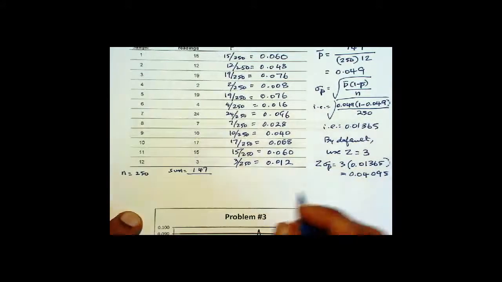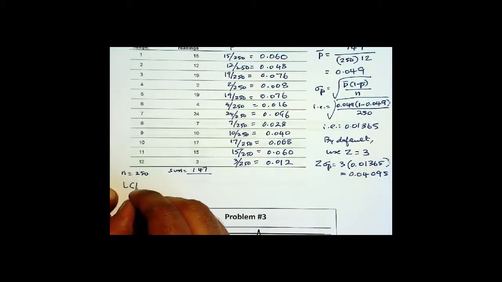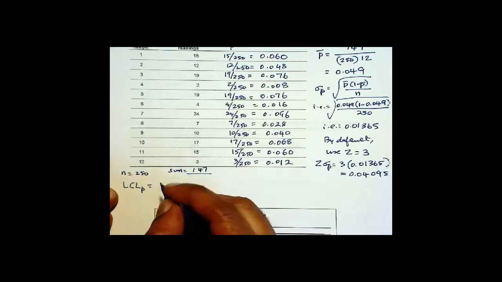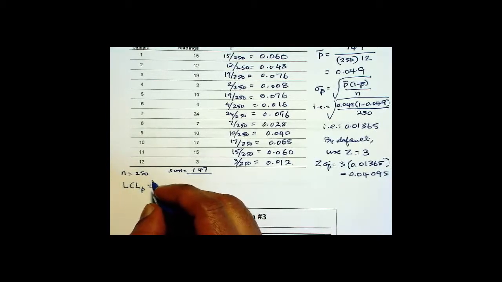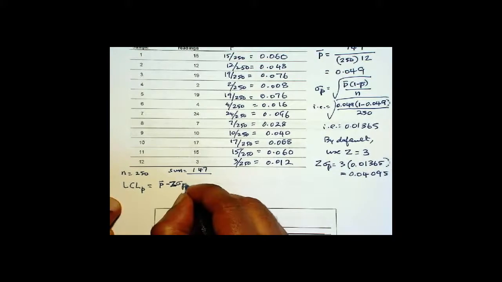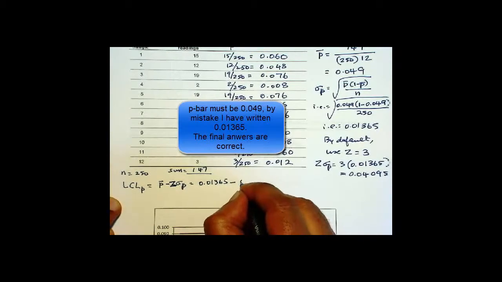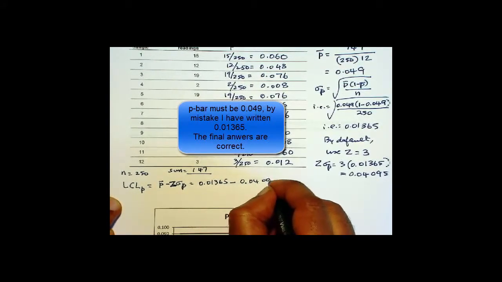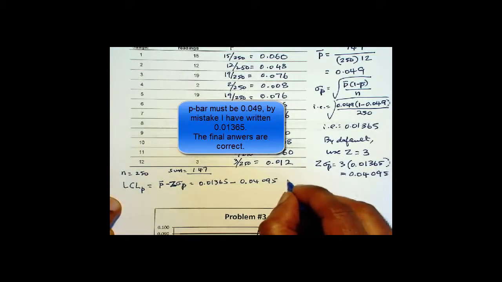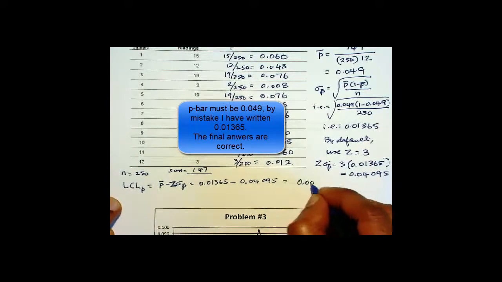So the lower control limit for P is P bar minus z times sigma sub P bar. So that is 0.049 minus 0.04095, which is equal to 0.00805.